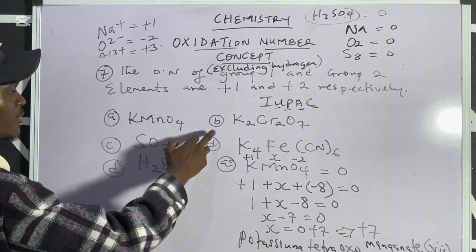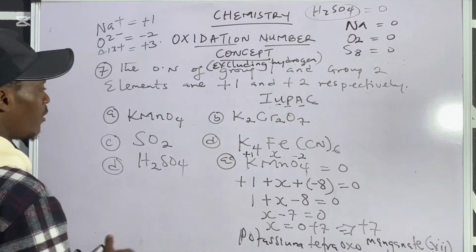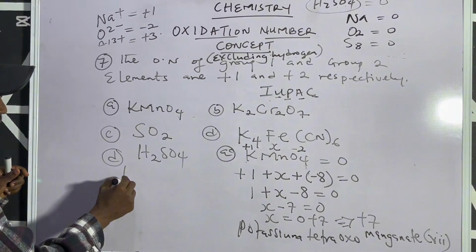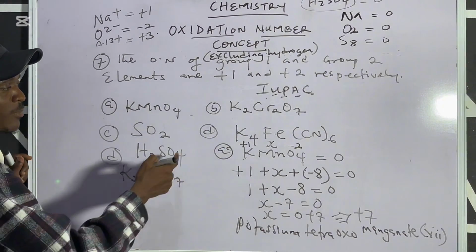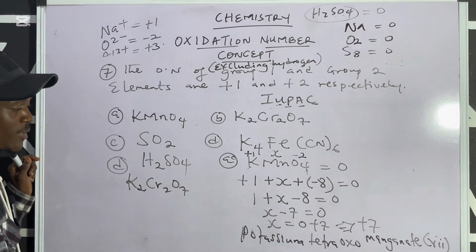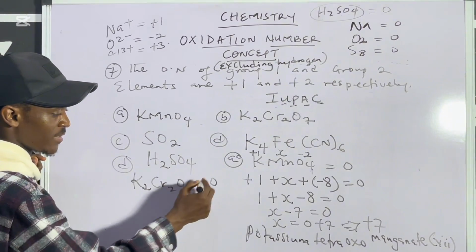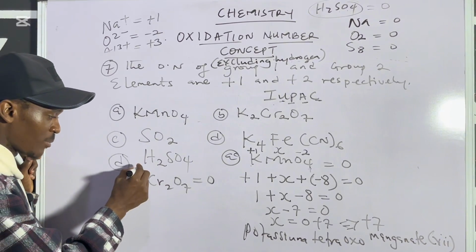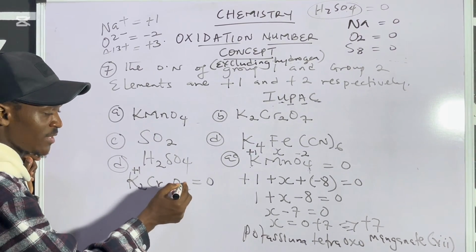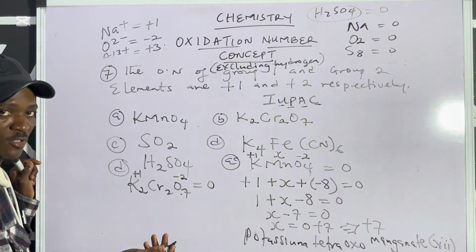Then what about if you are told to give the IUPAC name of this B part? K2Cr2O7. This is almost similar to this first one. All you simply do, just equate to 0 because it's a compound. It does not carry any charge. Then potassium here is what? +1. Then oxygen here is what? -2 in terms of their oxidation numbers.